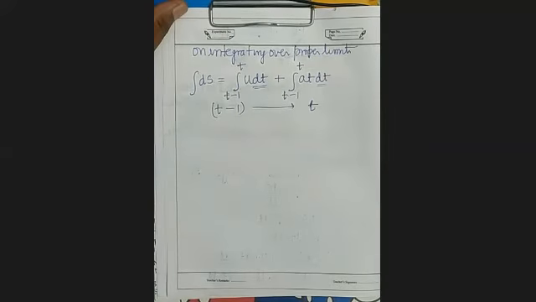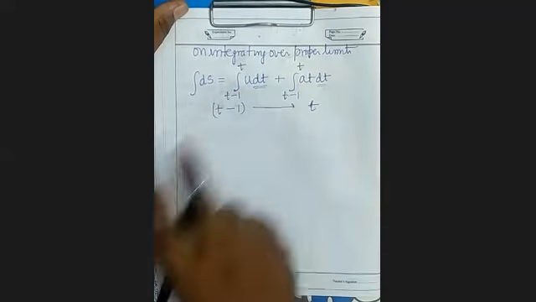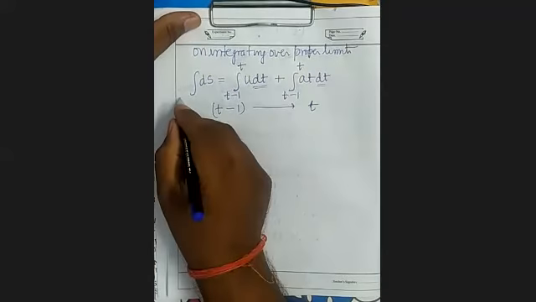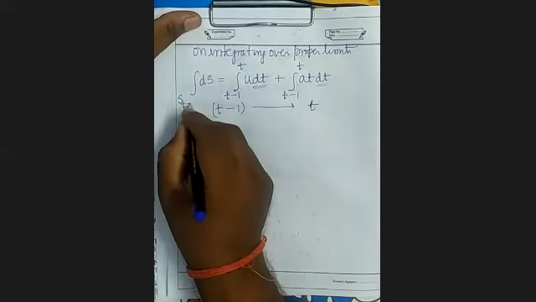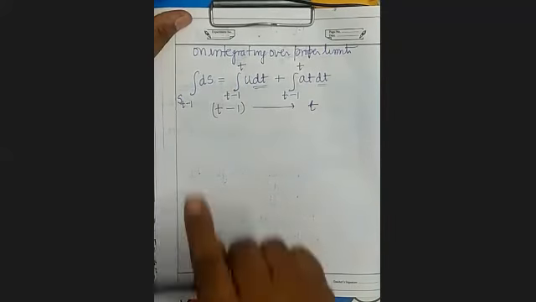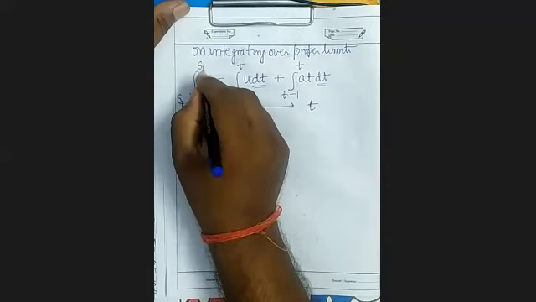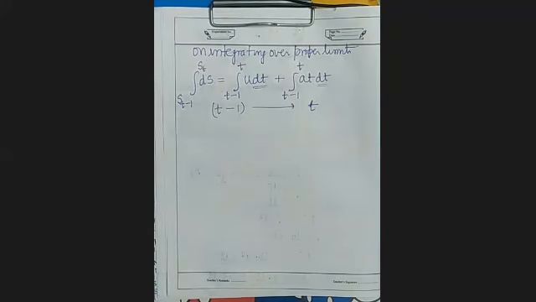Is it clear? Now what is the distance traveled in t-1 time? The distance traveled in t-1 time is s(t-1). This I have told. Distance traveled in time t is s(t). Already I have explained. So see here, what is integral ds?